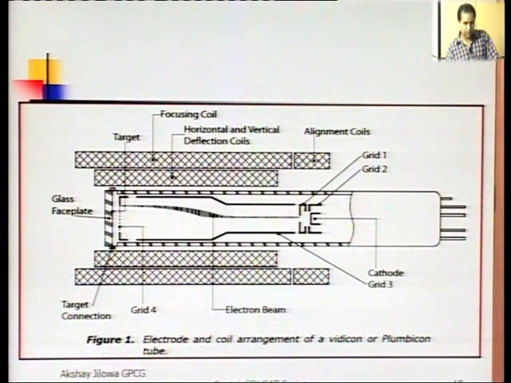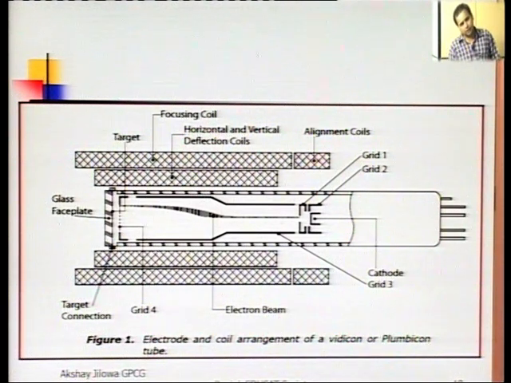When this is scanned, the electron beam has to move to the next pixel. It means the current in the vertical deflection coil remains the same, but it varies in the horizontal deflection coil.